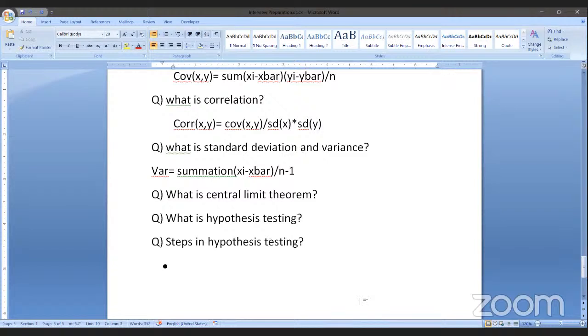First, what we do is we make an assumption about a parameter. So we call this H0 or null hypothesis.